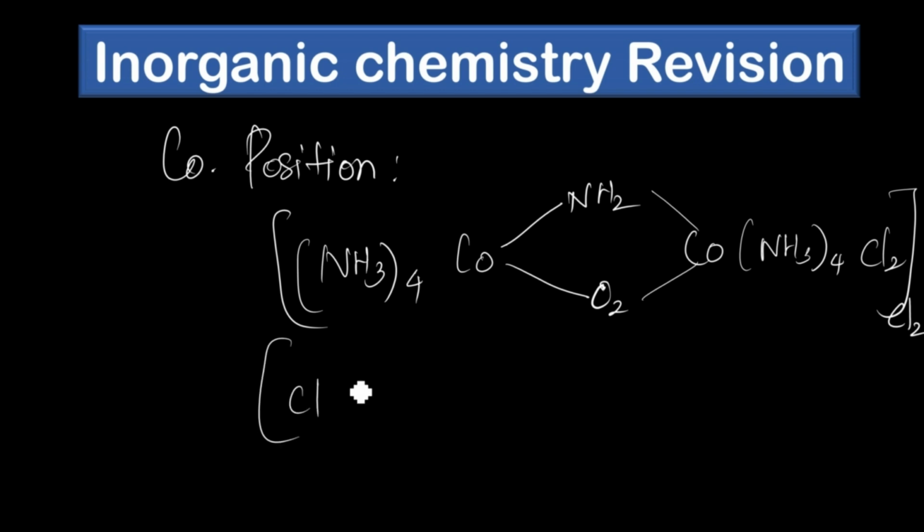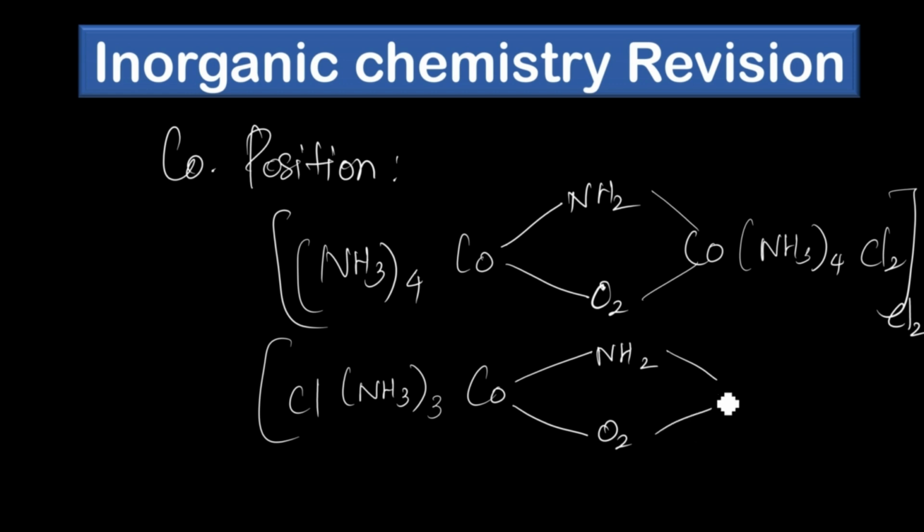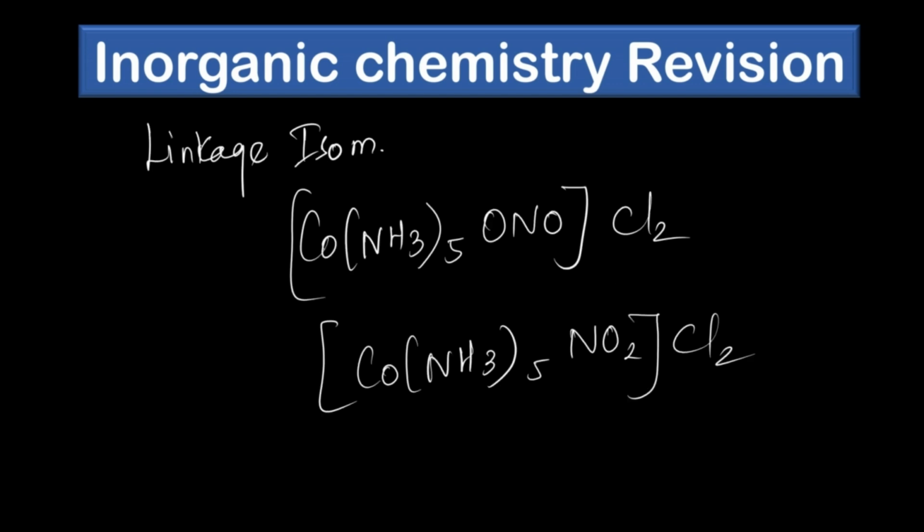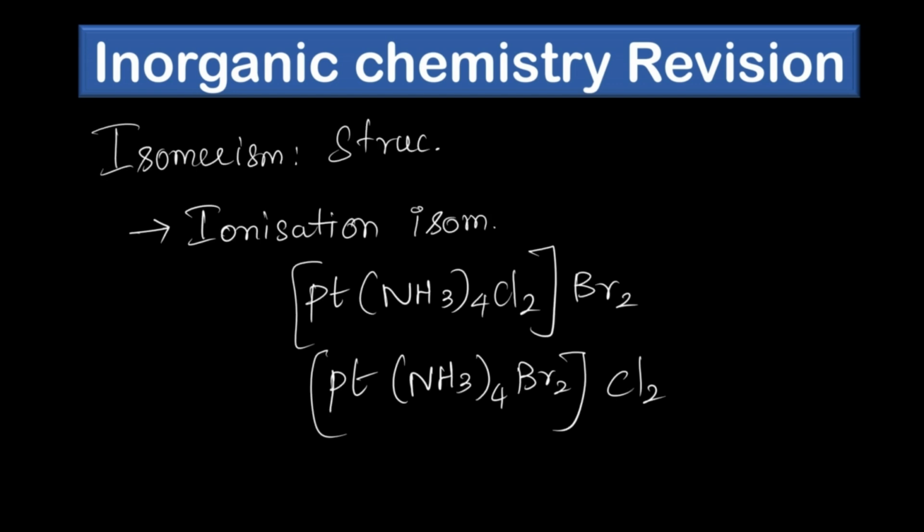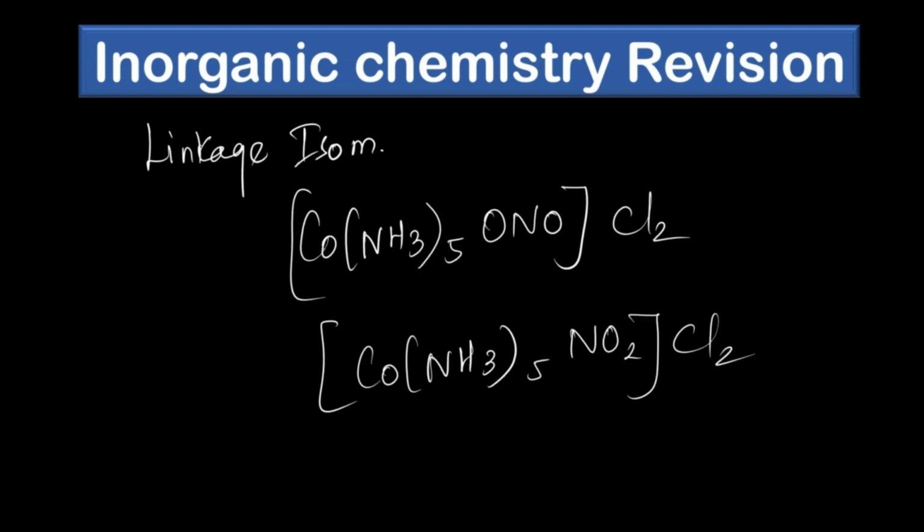And the isomer of this is (NH3)3 cobalt with NH2, O2, Co(NH3)Cl, with one more Cl outside the coordination sphere. You can see the chlorine attachment is getting changed. The position of the coordination bond is changed. So that's what coordination position isomerism is. It's a slight variant of the previous one. If you want, you can stick with the first four: coordination, linkage, hydrate and ionization isomerism. These four are very, very important in structural isomerism.